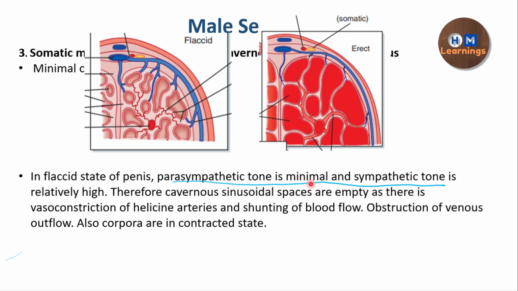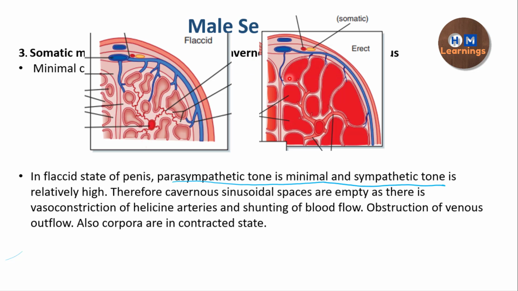So parasympathetic tone is minimal and sympathetic tone is relatively high. What happens? There is vasoconstriction of the arteries, so there is less blood flow. So there is no accumulation of the blood in the sinusoidal spaces. Also the smooth muscles are going to be in the contracted state, so you can say the space occupied by them is more.